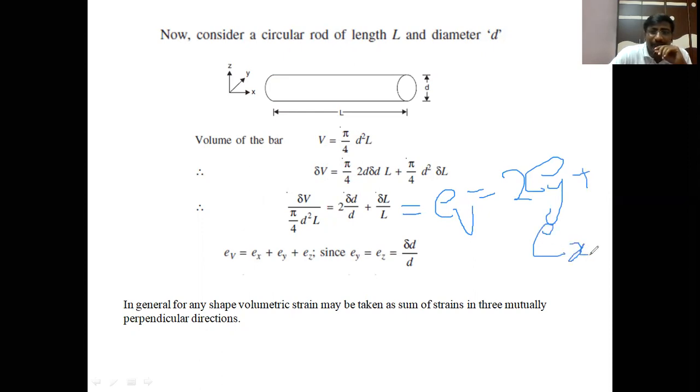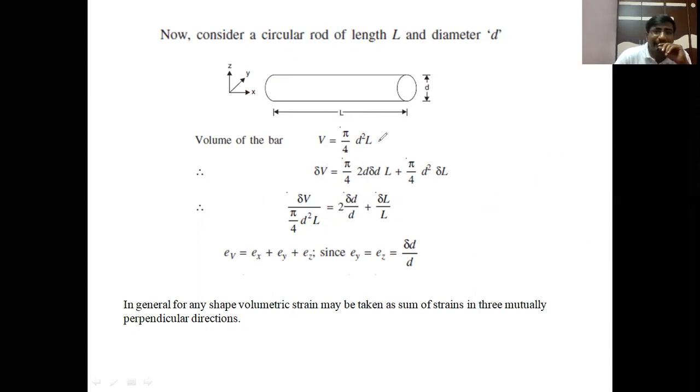That is the strain in X direction plus 2 times the strain in Y direction. Why? Because 2 times is for both Y and Z direction, the diameter itself. Therefore, it can be written as EV is equal to EX plus EY plus EZ. That means these two are equal, 2 times EY or 2 times EZ.